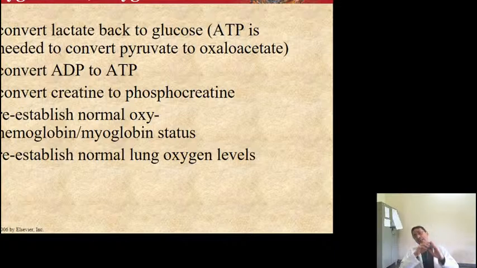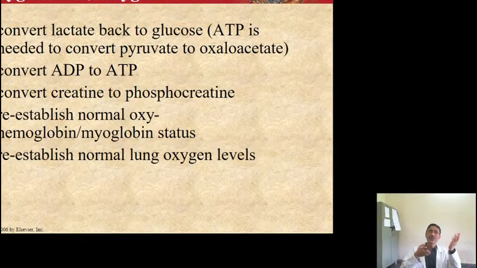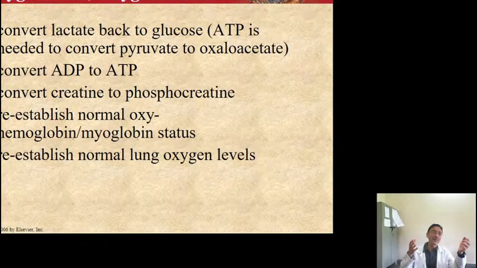And lastly, to re-establish the normal oxygen levels. When we are breathing in, there is hyperventilation and the oxygen extraction has been increased. When the oxygen extraction has been increased during the exercise period, for whatever duration the exercise has been done, the PO2 levels may fall.